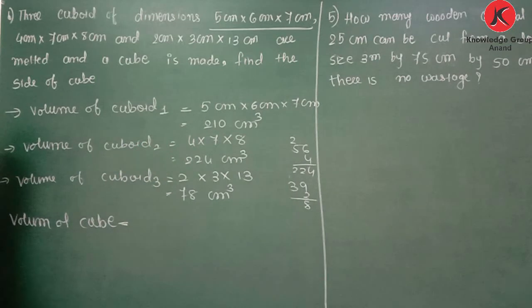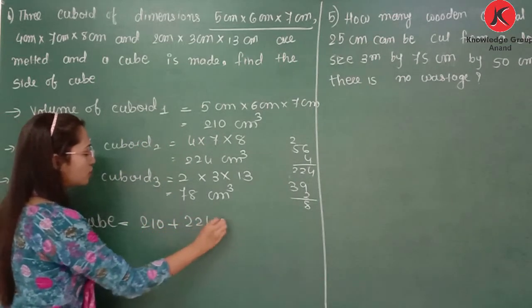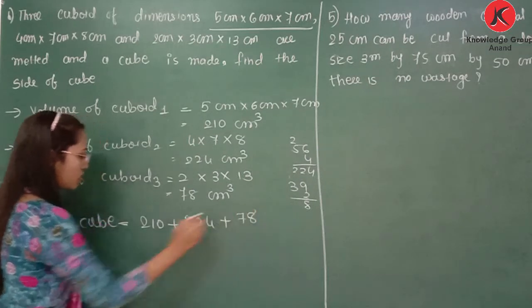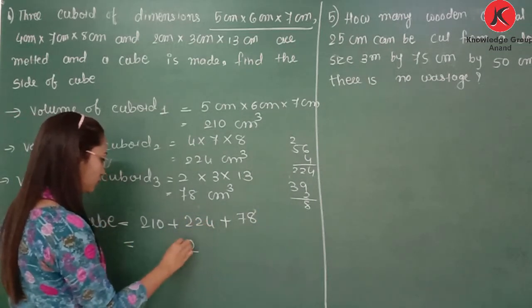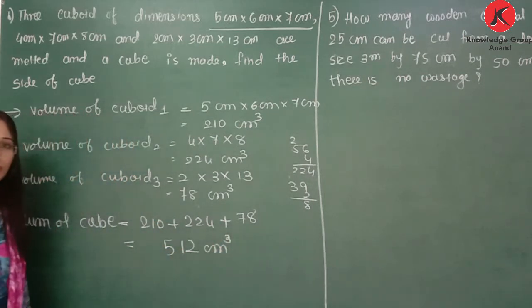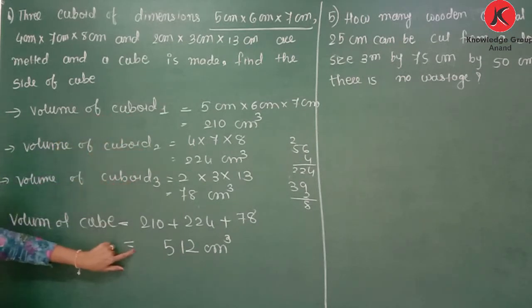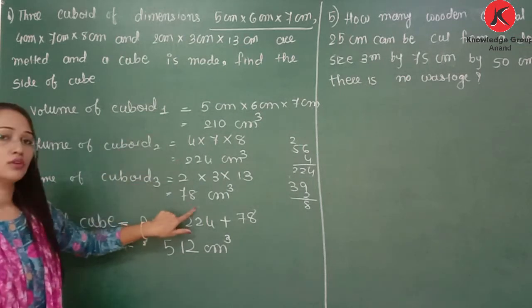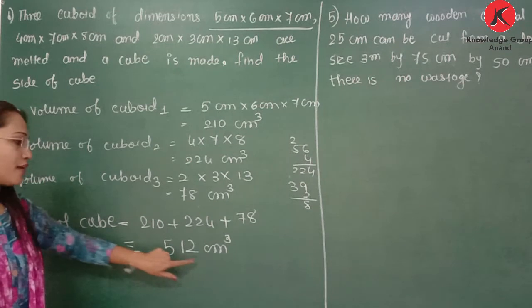Volume of 3 cuboids. So that is 210 plus 224 plus 78. So now add this. So it is 512 centimeter cube, because cuboids are melted and then converted into a cube. So volume of cube will be the addition of volume of 3 cuboids. That's why volume of cube will be 512.